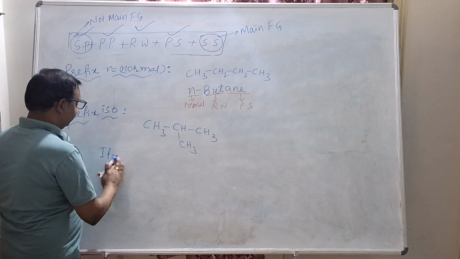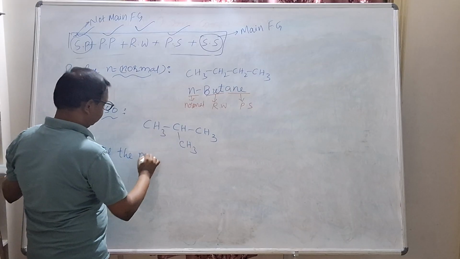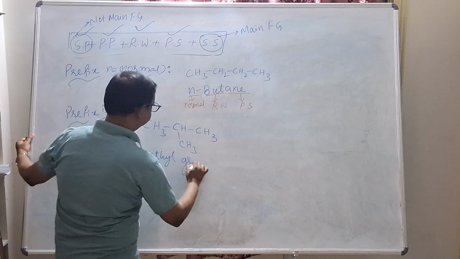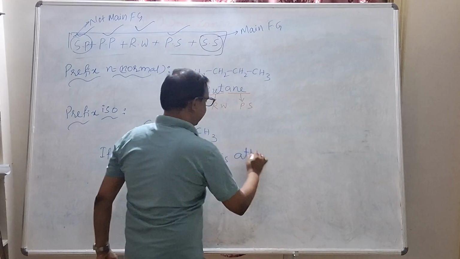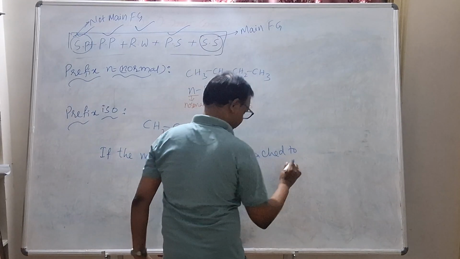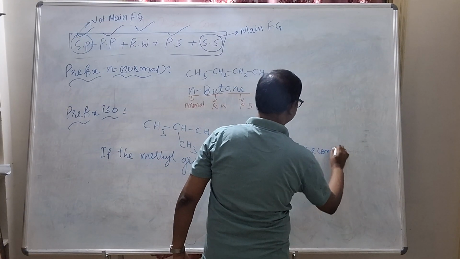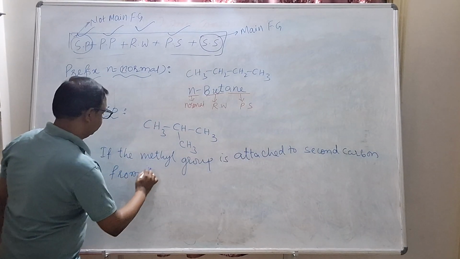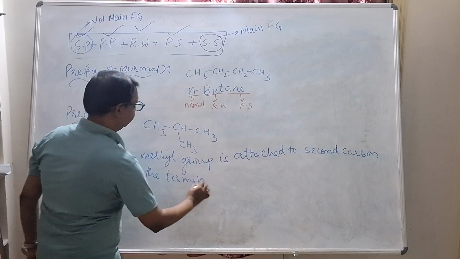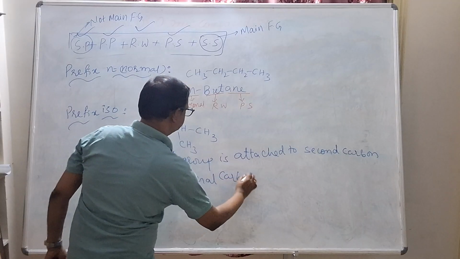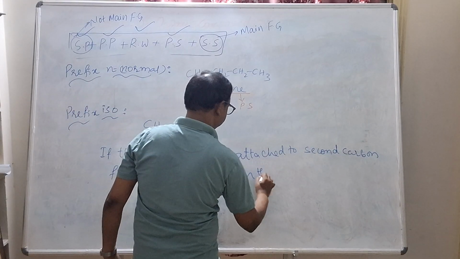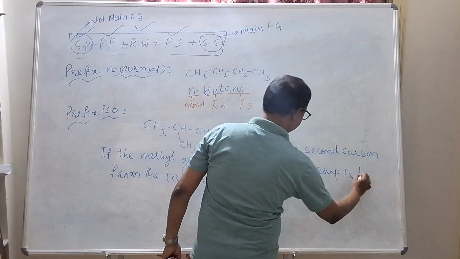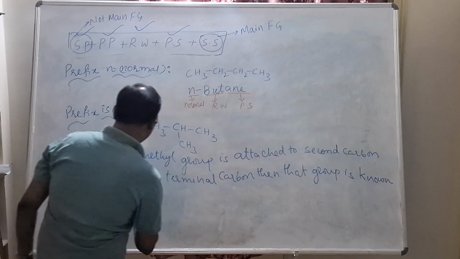If the methyl group is attached to the second carbon from the terminal carbon, then that is known as iso. Then that group is known as iso group.